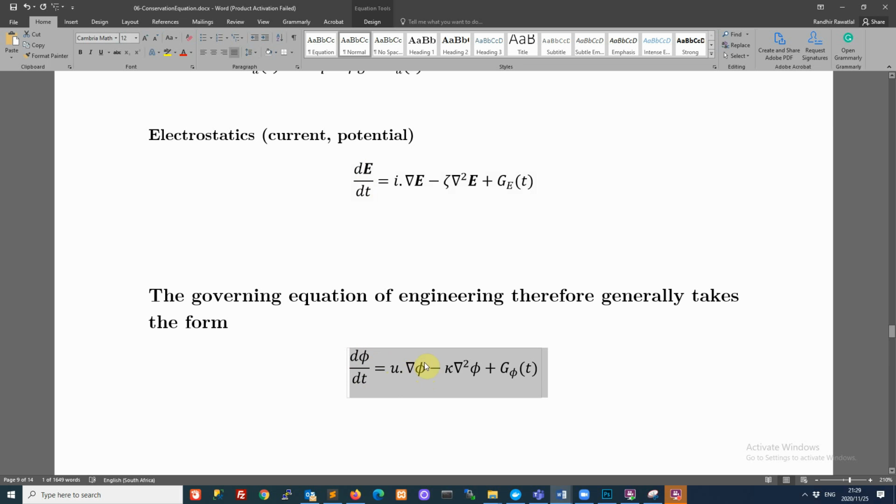So there's a gradient in phi multiplied with the velocity, and then there's a second gradient in phi multiplied by some dispersive or diffusive or conductive factor. And then there's possibly some kind of forcing function. There's something that's contributing to that field from the external environment.